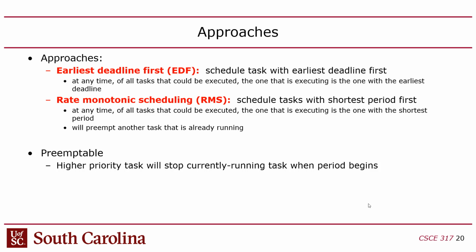And assuming that it is a preemptive scheduler, meaning that when a task with a higher priority suddenly starts its period, it's allowed to cut in and run and interrupt a currently executing task, right? So assuming you have a preemptive scheduler and you can apply dynamic priorities, continuously adjust the priorities, then no problemo. As long as the utilization doesn't exceed 100%, you're good to go. But like I said, nothing can do that. It's just too expensive, not practical.